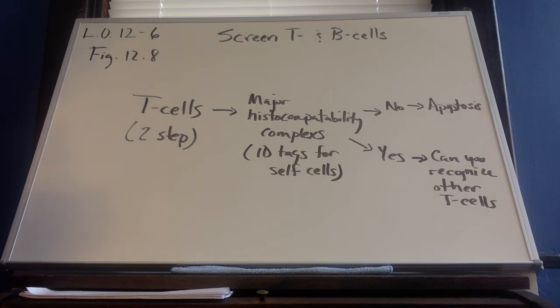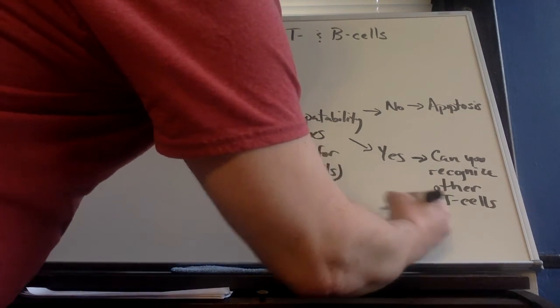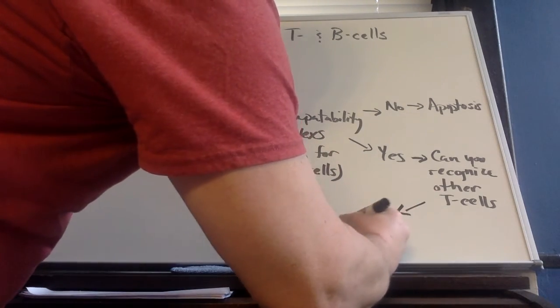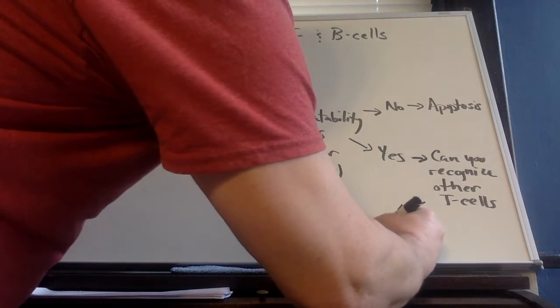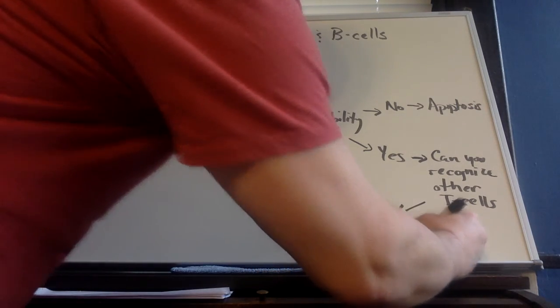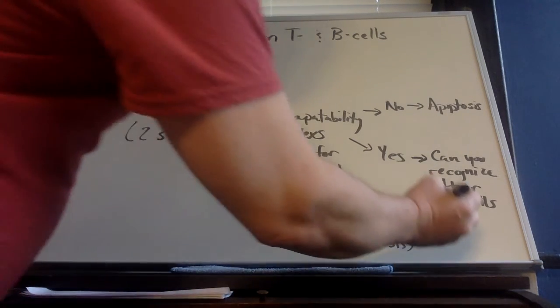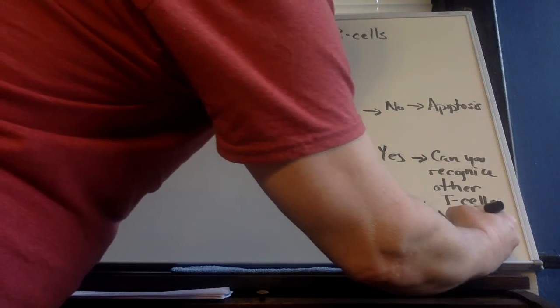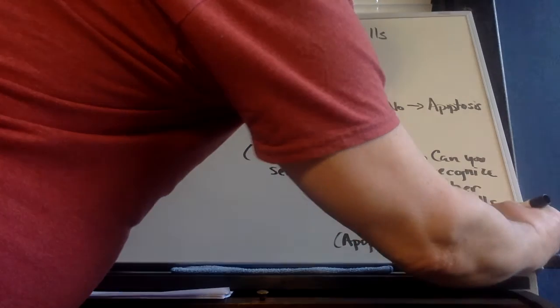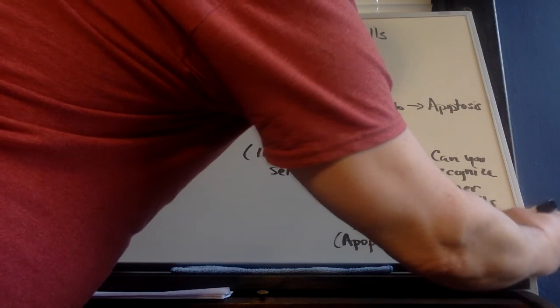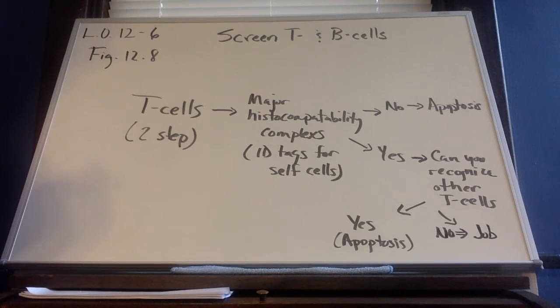If it is self-reactive, which we don't want, you will also be asked to undergo apoptosis. So if you will attack other T cells, we've got to get rid of you. But if your answer to this is no, then you can go out and do your job and be part of the immune system.